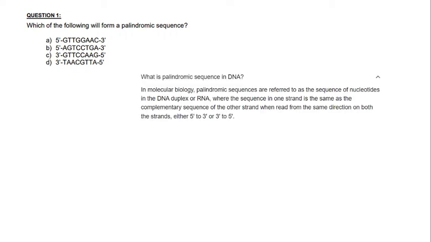Palindromic sequences are referred to as sequences of nucleotides in a DNA duplex or RNA, where the sequence in one strand is the same as the complementary sequence of the other strand when read from the same direction on both strands, either 5 prime to 3 prime or 3 prime to 5 prime.